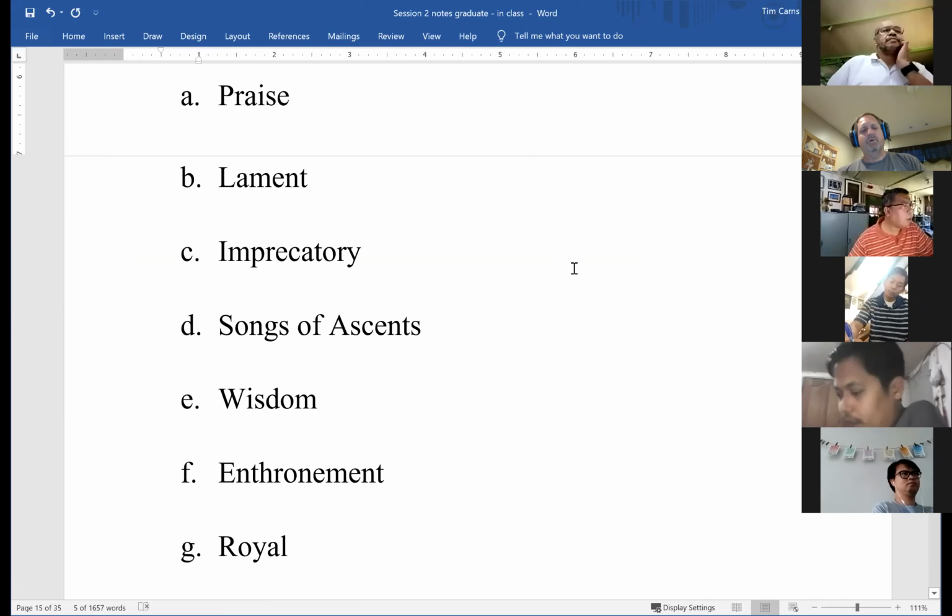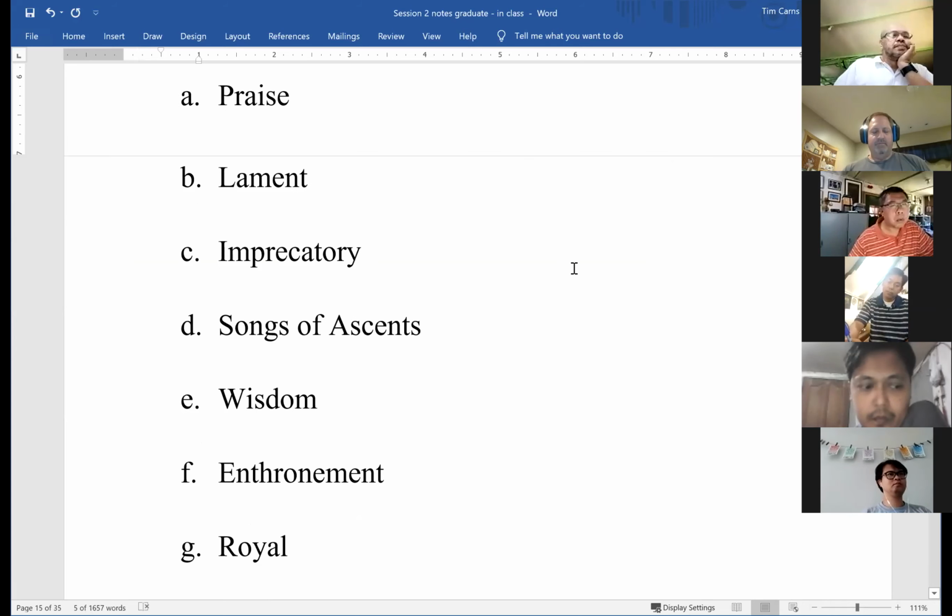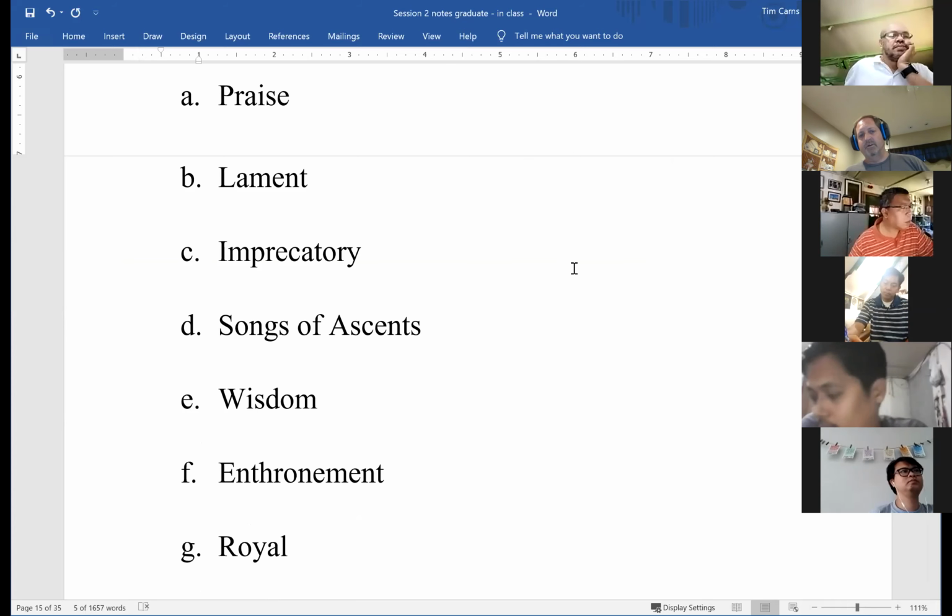And we won't go through all the details here. I think you're all familiar with these. Praise psalms, lament, imprecatory, which is a particular type of lament that focuses on cursing one's enemies. The songs of ascent, wisdom psalms, which are instructional, enthronement psalms. This is where the focus is on Yahweh as king.